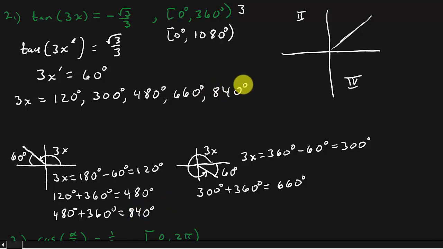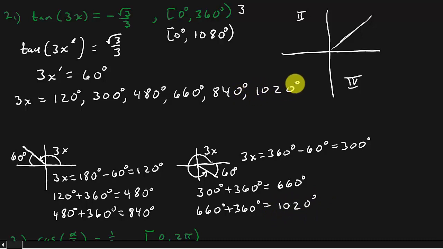So 840. Now, for my fourth quadrant angle, I've gone around twice. Now I got to go around one more time. So that's going to be 660 plus 360, that is 1020.